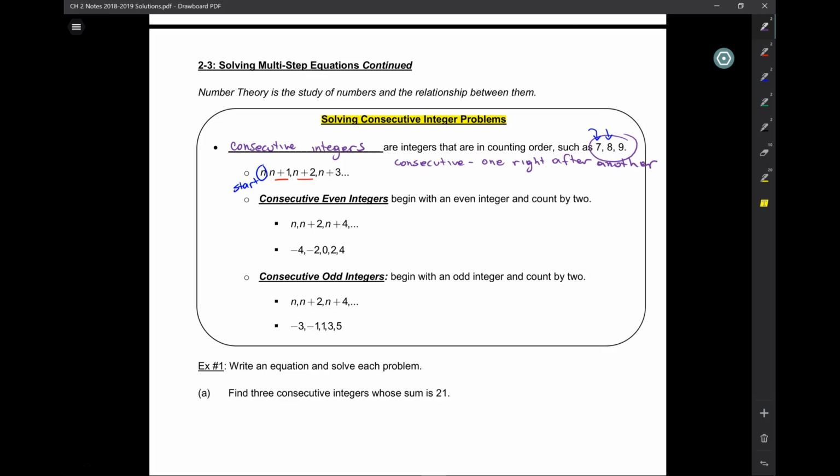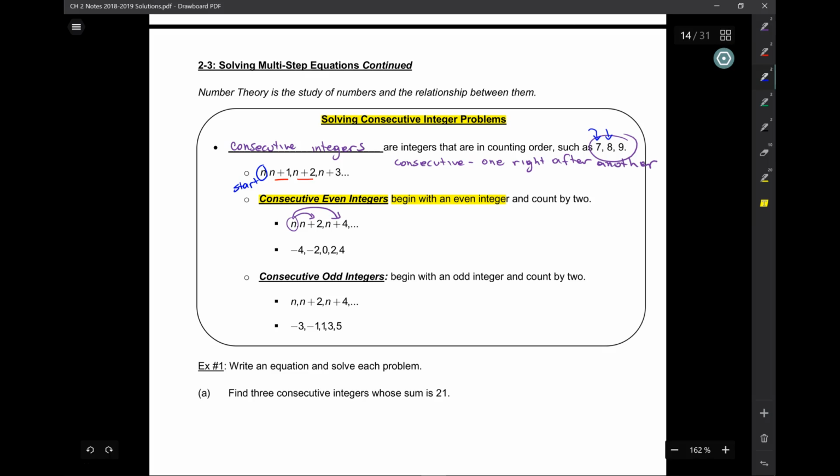From your starting point, how many do you go up? 2, and then 4, and then 6. So for consecutive even integers, first you have to begin with an even integer, and then you count by 2. So if you started with an n, the next one would be n plus 2. Then it would go n plus 4, okay?